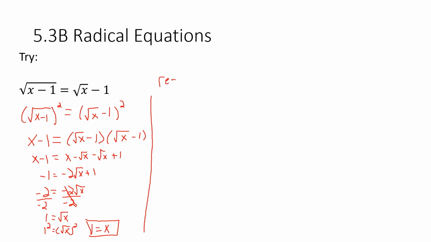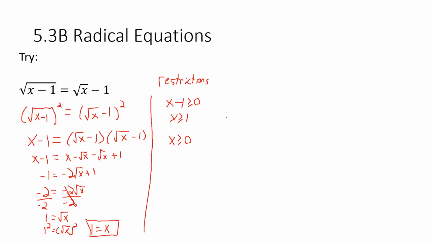So for our restrictions, underneath this root, we know that x minus 1 has to be greater than or equal to 0. So bring the 1 over to the other side, and we find that x must be greater than or equal to positive 1. And underneath this one, the x must be greater than or equal to 0.